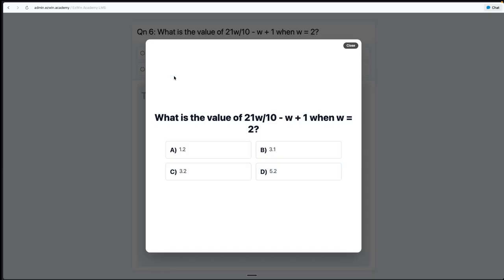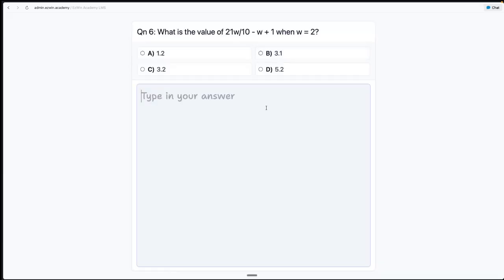Question number 6. What is the value of 21W over 10 minus W plus 1 when W is equal to 2? Okay, so in this case, we have 21W over 10 as a fraction, minus W plus 1.